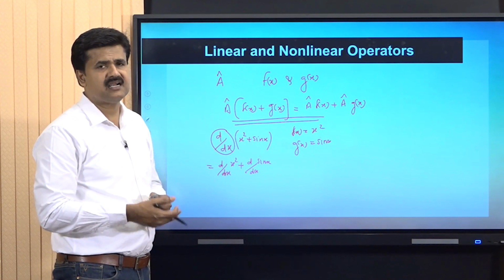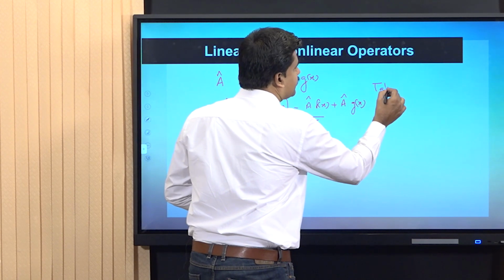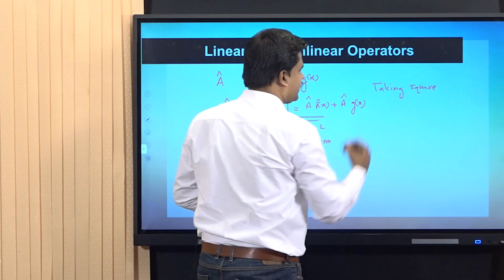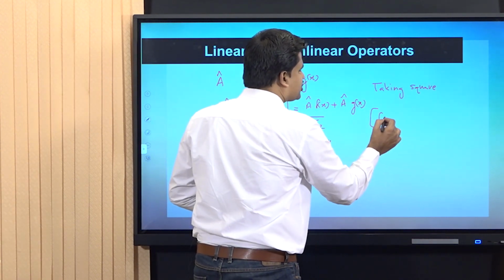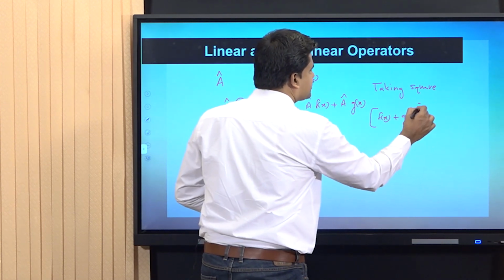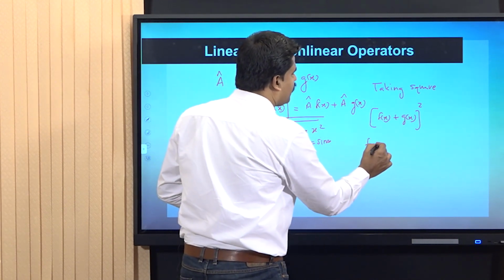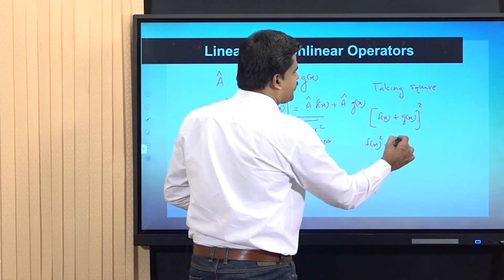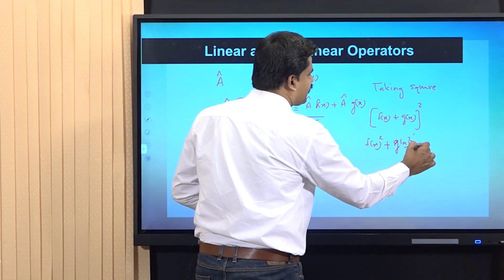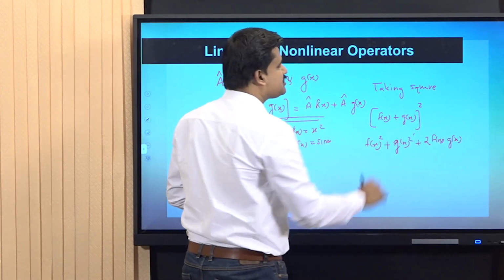Now, I am taking the operation of taking square. Taking square is also a mathematical operation. The two functions are f of x and g of x. I am taking the square, and in this case, f of x square plus g of x square plus 2 f of x g of x is the result.